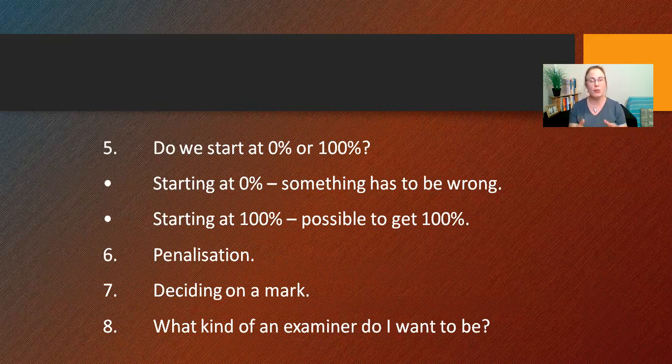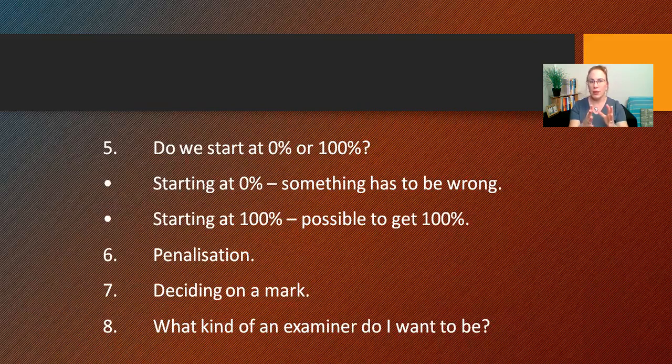You listen to the piece, but you can honestly not find anything wrong. If you use the guideline of starting from 0, you're going to likely say, well, they can't get 100%, so I need to subtract something. But my question to you is, how will you justify subtracting 2 marks or 2%?